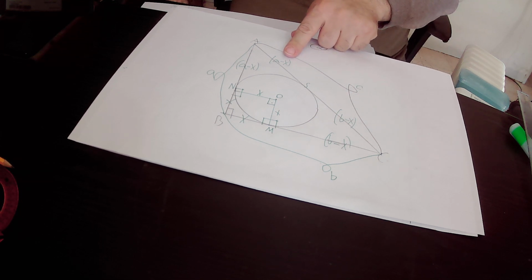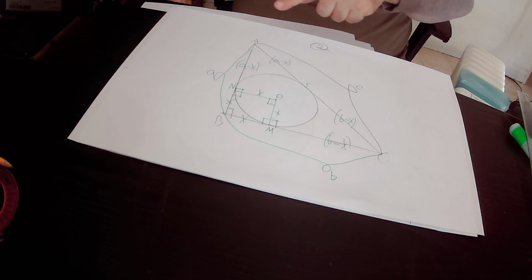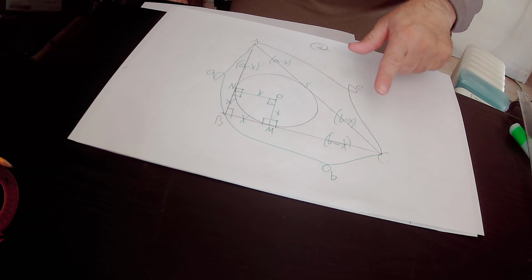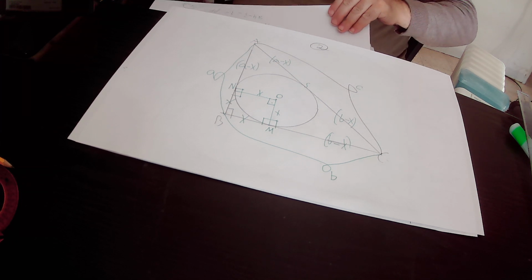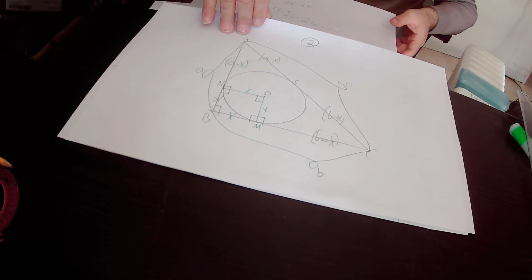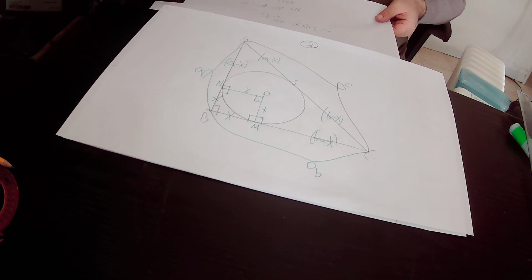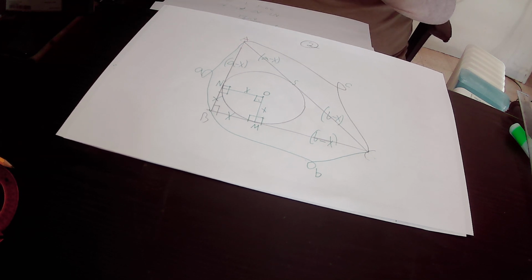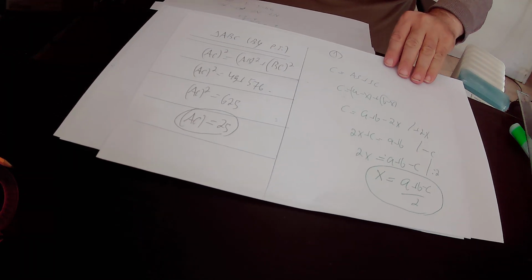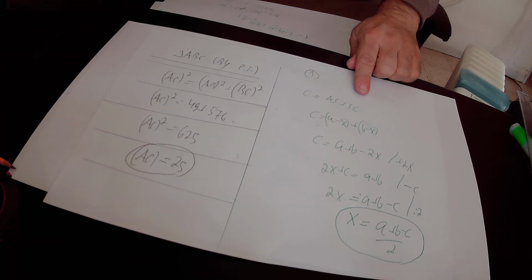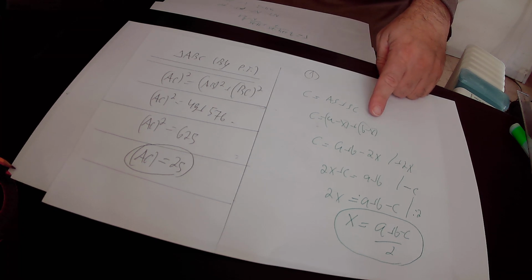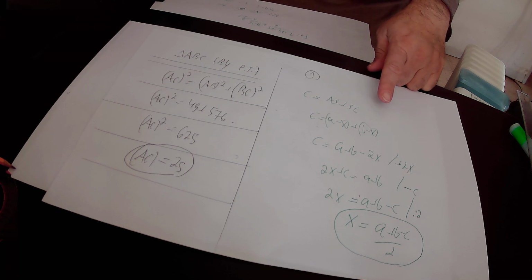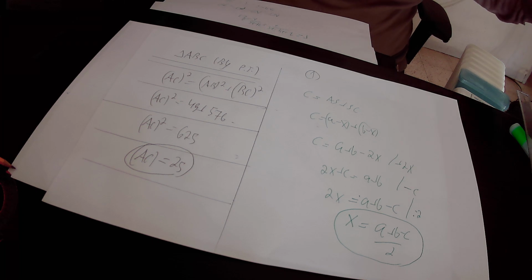AS is A minus X and SC is B minus X. So in total, C equals A minus X plus B minus X, which is A plus B minus 2X.